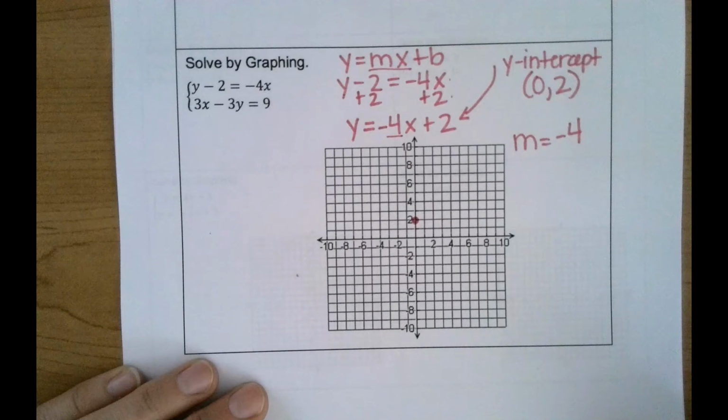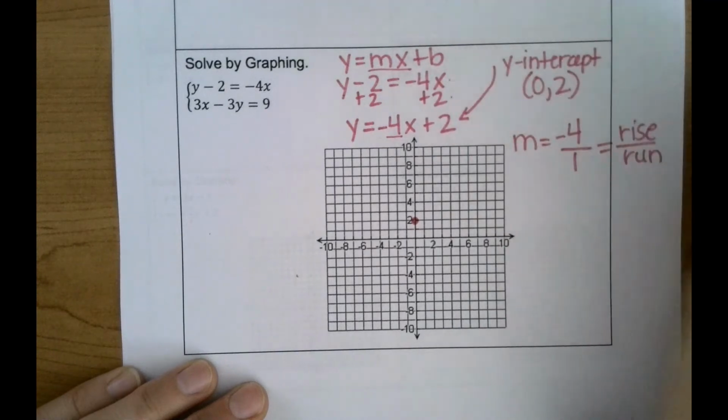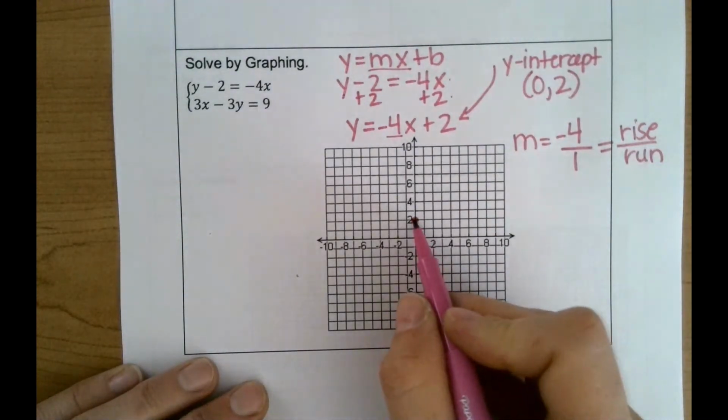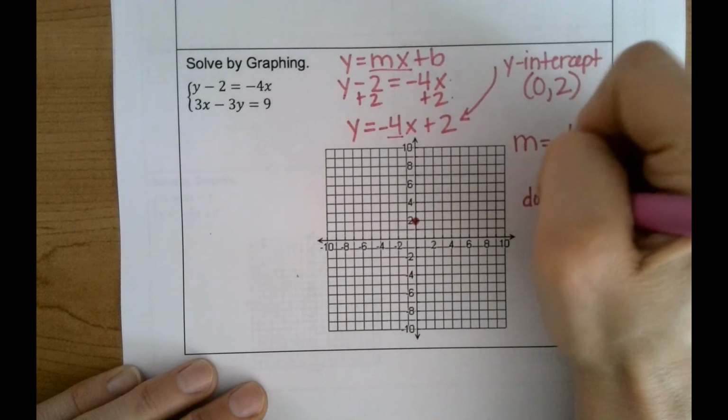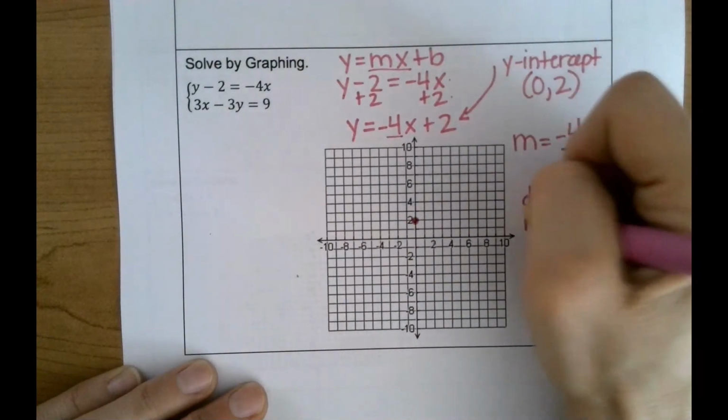And then I want to represent the slope as rise over run. So I always put it over 1 if it's a whole number. What this tells me is from my y-intercept here, I'm going down 4, right 1.